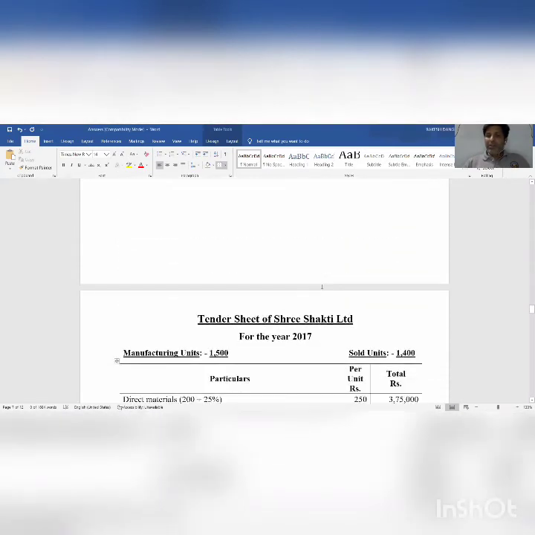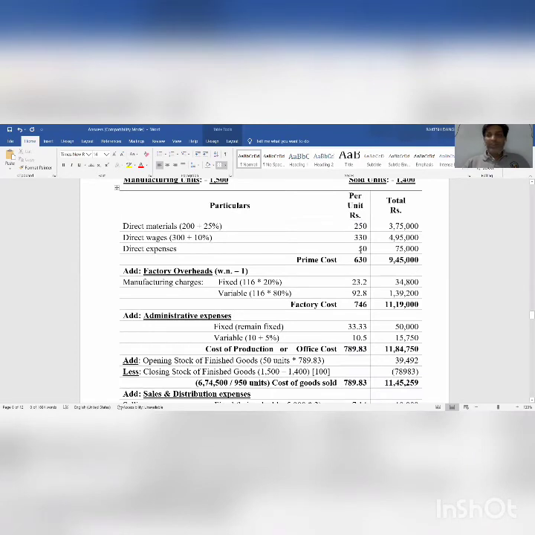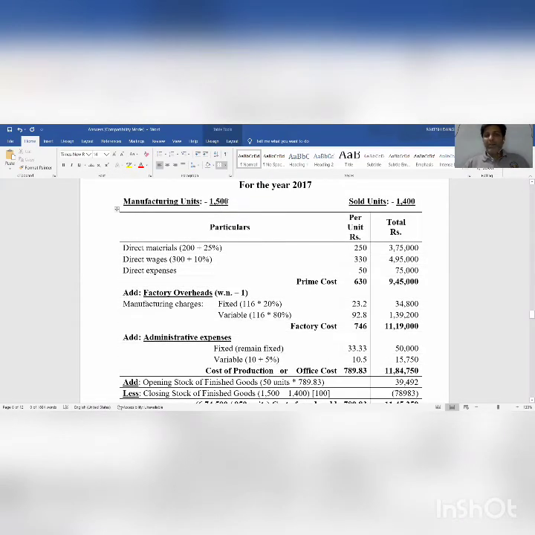So here it remains rupees 50 per unit. In total, 50 multiplied by 1500 manufacturing units gives 75,000. This way you get total prime cost of rupees 630 unit wise and rupees 9,45,000 in total.